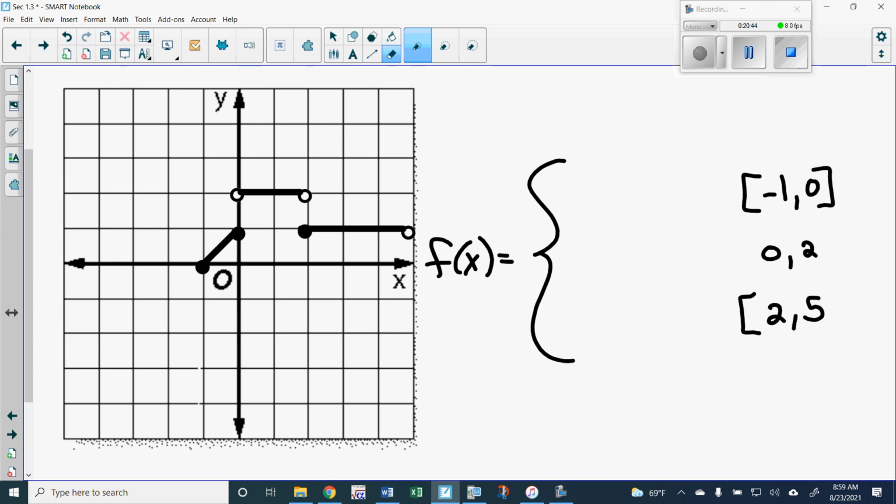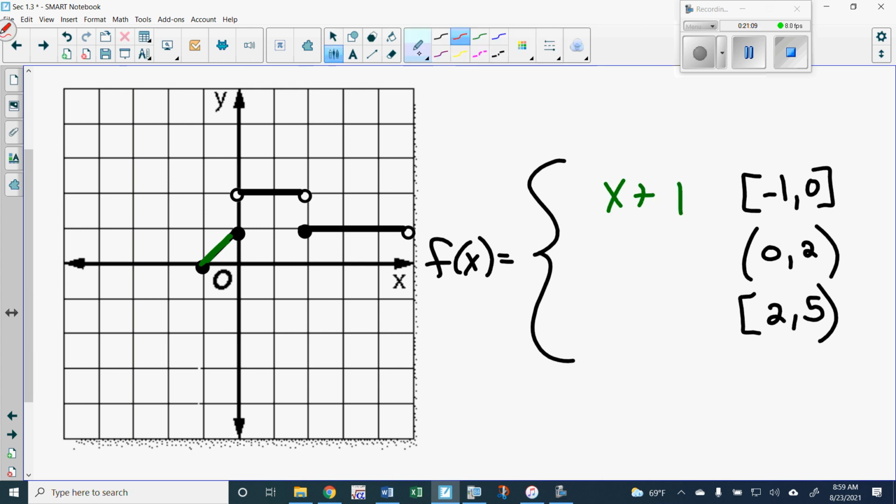So you want to think about what's the slope? 1, and what's the y-intercept? 1. This part is just a constant, that's just 2. And this part is a constant, is just 1. Okay.